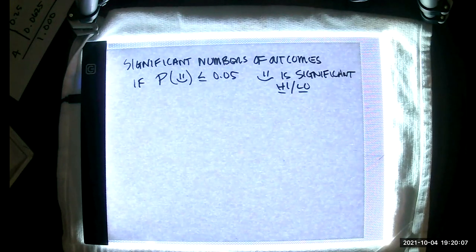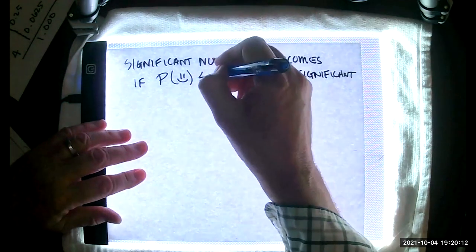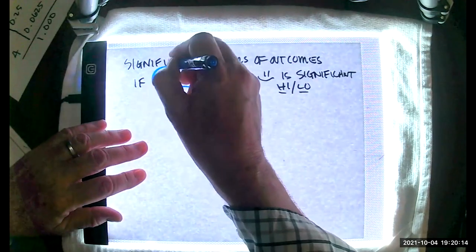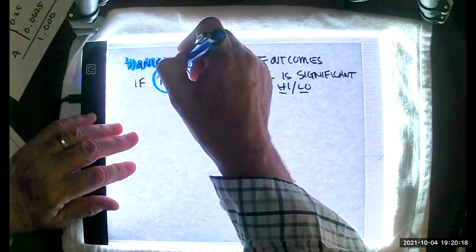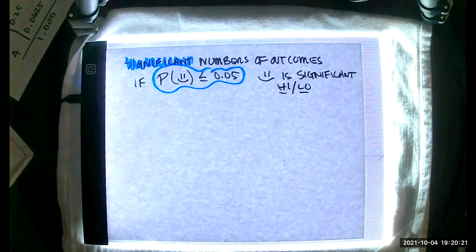The important component here is that 0.05. This number here is kind of set in stone for us this semester for identifying significant outcomes.